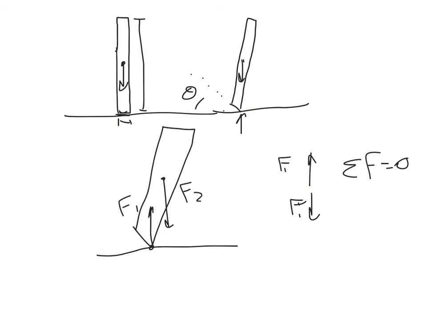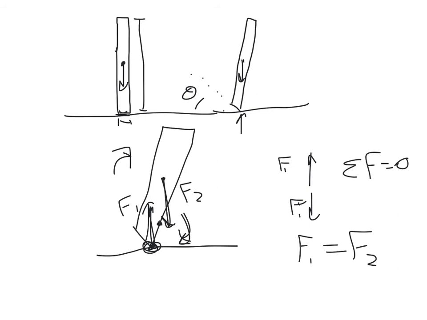If those two are equal to each other, notice that it doesn't matter where I put the pivot point. If I put the pivot point somewhere between them, they both cause a clockwise torque, and this thing will fall over. If I put the pivot point on one of them, like this pivot point here, then this guy doesn't exert a torque, he has 0 torque, and this guy exerts a counterclockwise torque, so the thing still falls over.